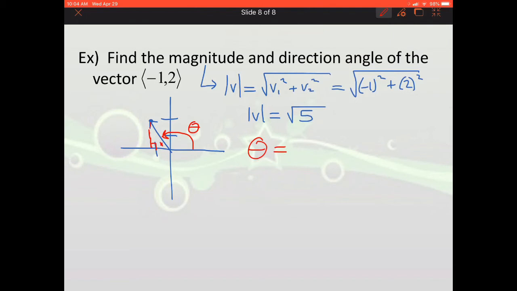In my picture, I know that the magnitude, which is the hypotenuse, is square root of 5. And I do know that v1 is -1, and I do know that v2 is 2. So I can use trig again to come up with my answer.